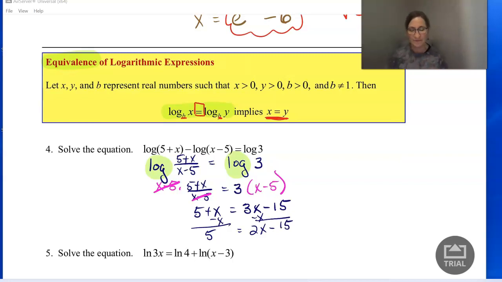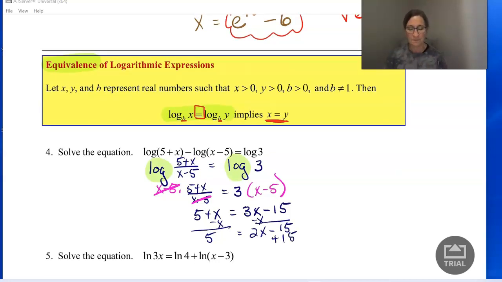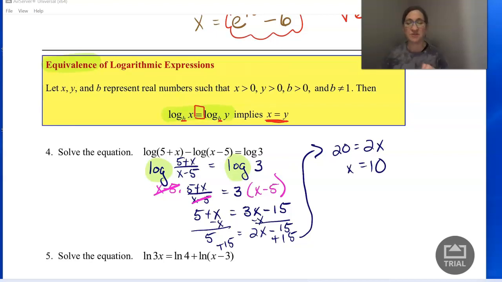Now I'm going to add 15, and that is going to give me 20 is equal to 2x. Divide by 2, x is equal to 10. If I substitute 10 into my original arguments, I just need to be concerned that those arguments are going to be positive, and both of them are. So this is a good solution.